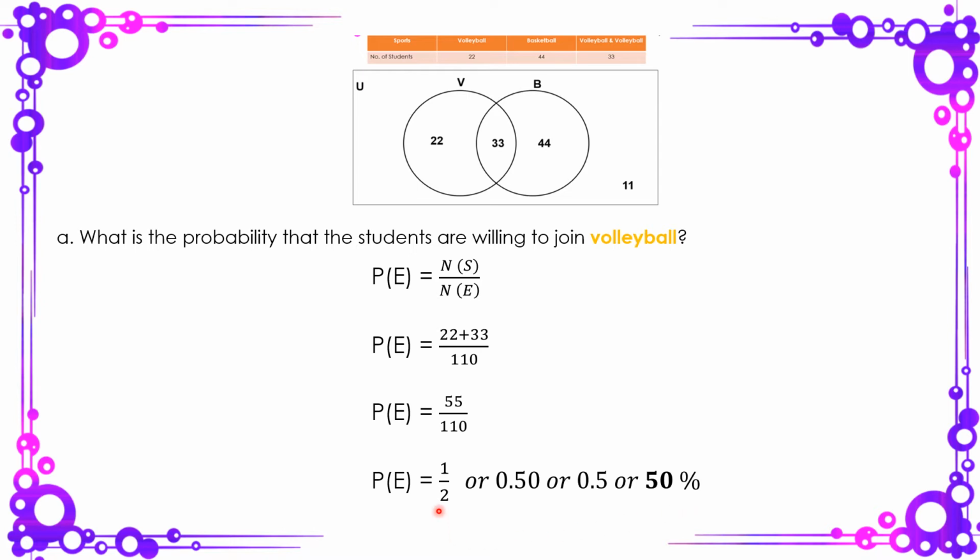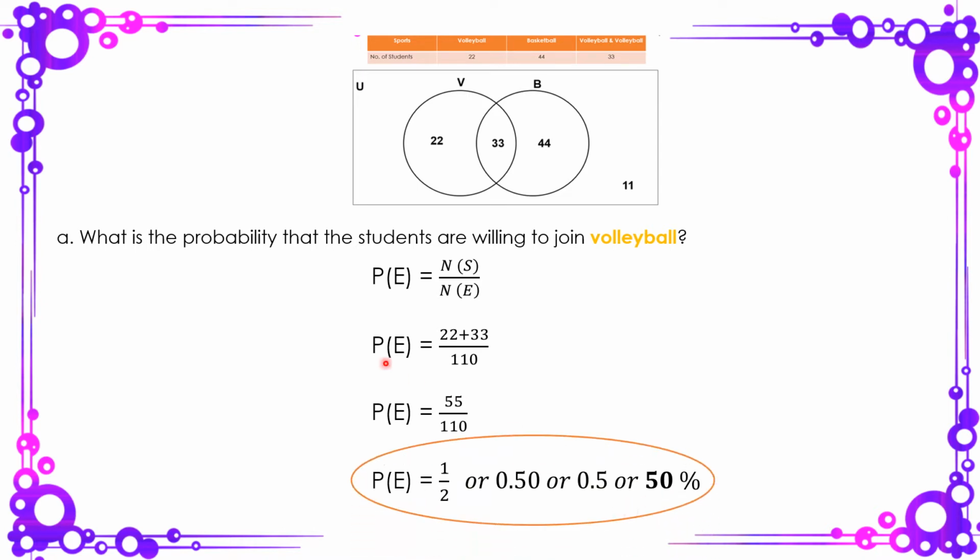So if we are going to answer letter A in fraction form, the answer is 1/2. If we are going to convert it into decimal, the answer is 0.50 or 0.5. Or in percent form, 1/2 is equivalent to 50%.